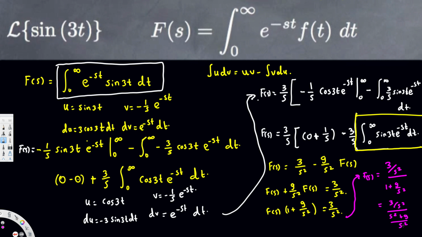If we flip this s square to the top, we get 3 over s square times s square divided by s square plus 9. From this you can see the s square and s square cancel each other, so we end up with 3 over s square plus 9, and that's going to be the Laplace transform for the given function.